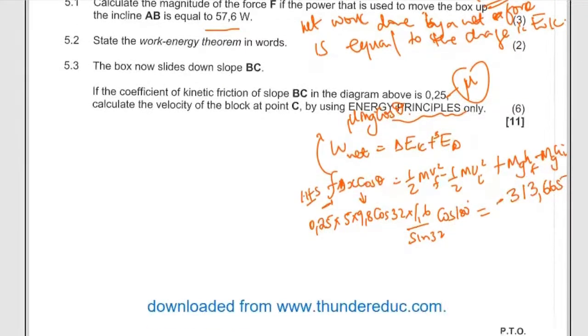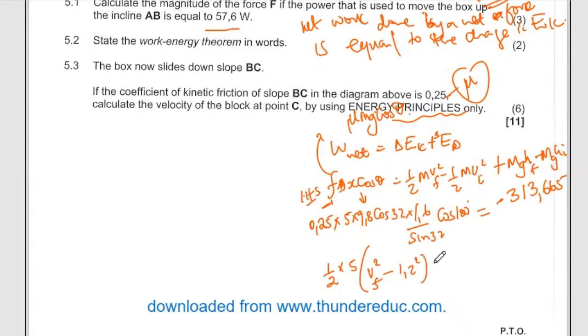Then when I look at the right-hand side, let me look at the EK. It's going to be a half, the mass is 5, into my V final, which I don't know, minus my V initial. What was the V initial? It was 1.2.